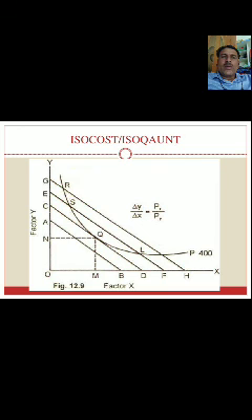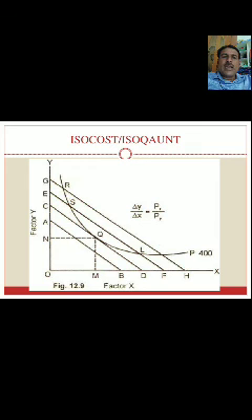That's why the producer gets the equilibrium at the point Q, not at R, S and L, K. The R, S and K, L points are not tangent points of the isocost and isoquant.